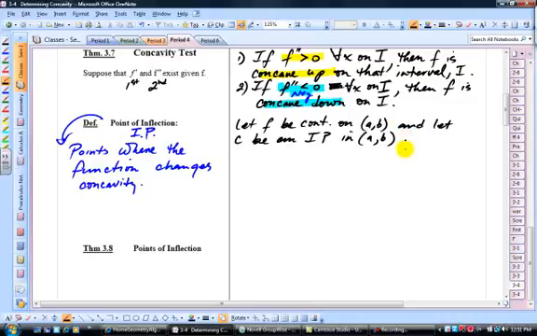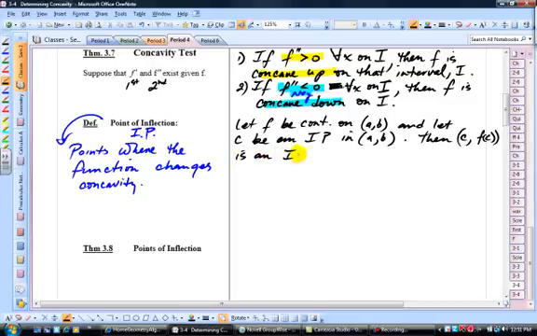So it exists somewhere between a and b. If that's the case, then c comma f of c is an inflection point if f changes concavity from up to down or down to up.